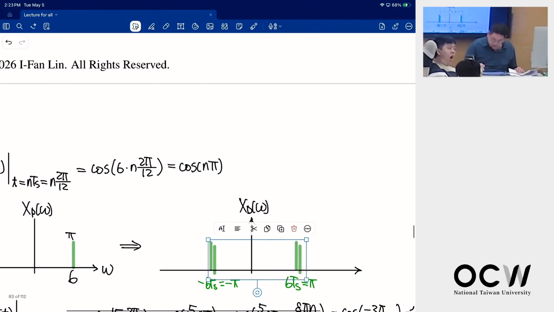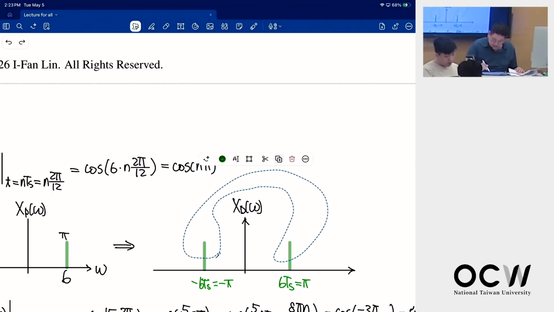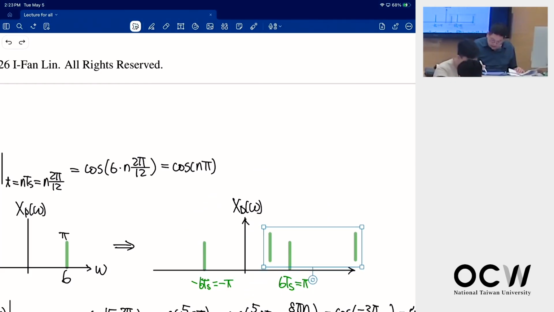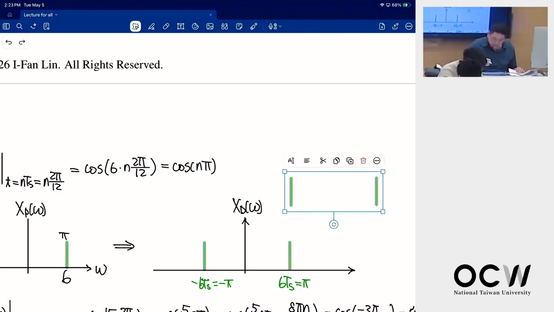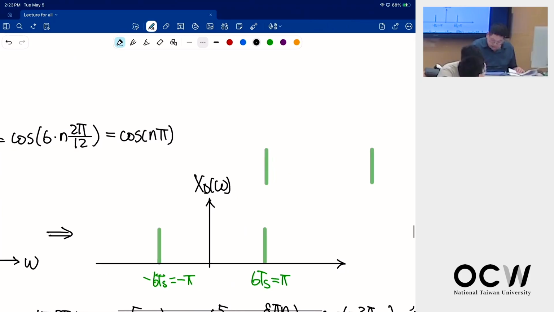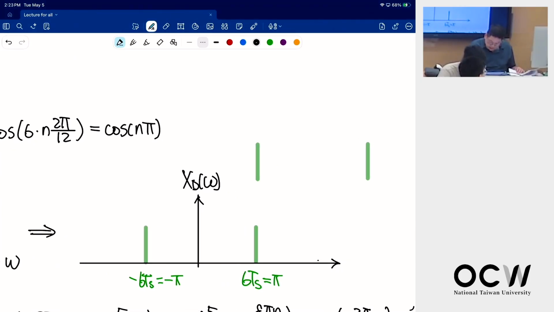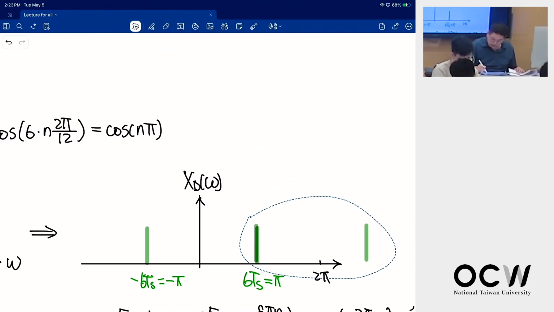How do they continue? They will continue here again. This will be 2 pi, and then they will do that here again.